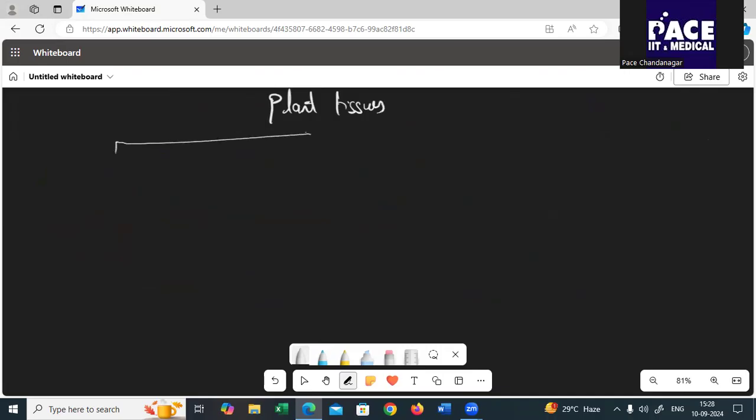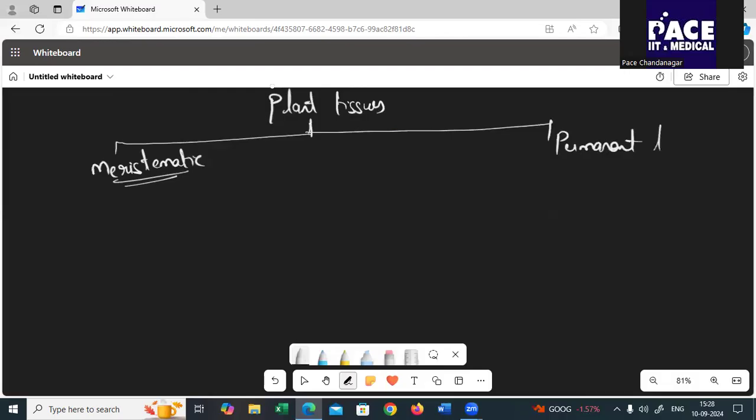You have two types in plant tissues: meristematic tissues and permanent tissues. Please write it down, everything in this order.